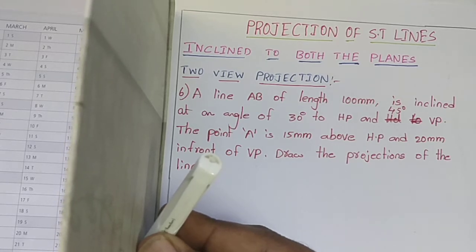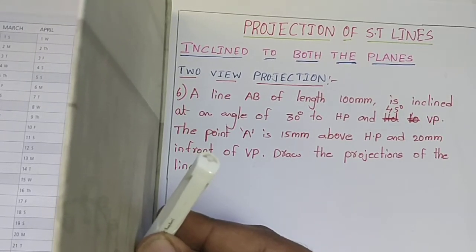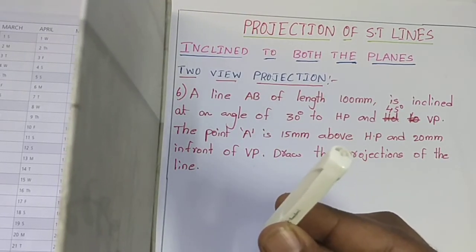But the condition given is 20 mm in front of VP, so I am giving the in front of VP distance also, that is 20 mm. It is the final position of the object.